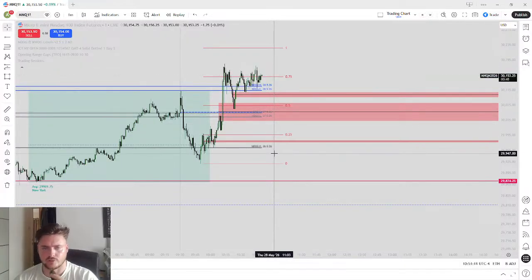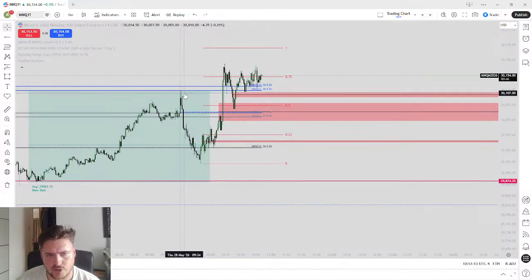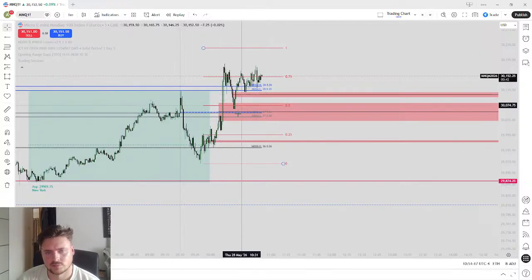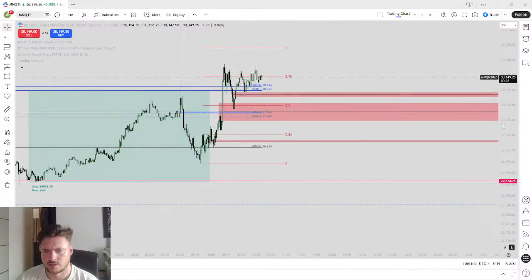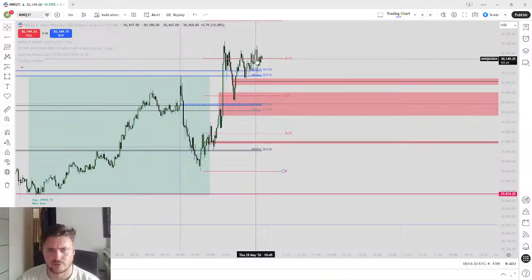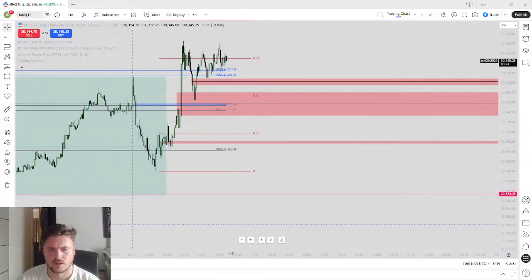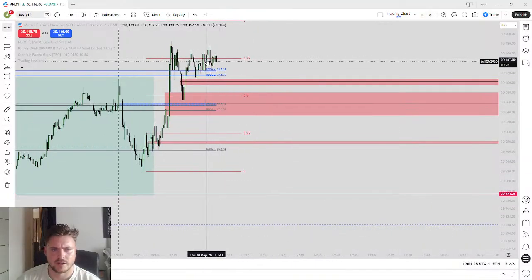You could potentially hold for that, but you don't need to. You can just target the high. Notice how you've got this little fair value gap here, a little fair value gap here, a big fair value gap. You've got another fair value gap forming at the 0.75. It's here, got two.